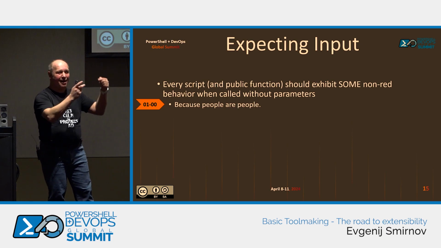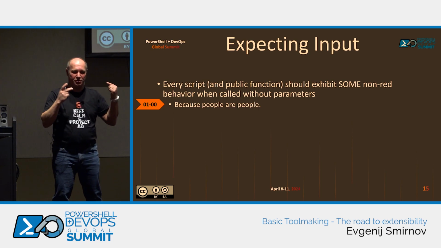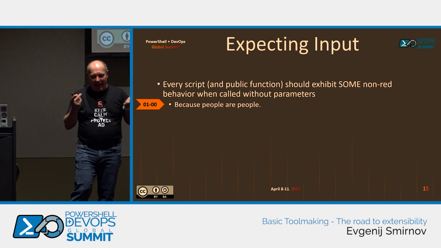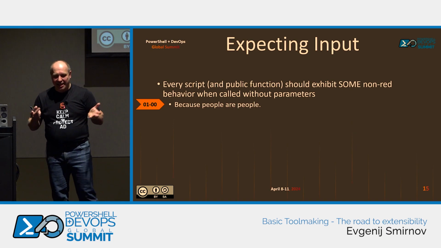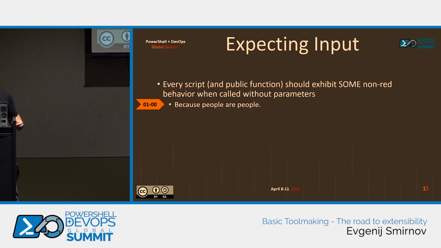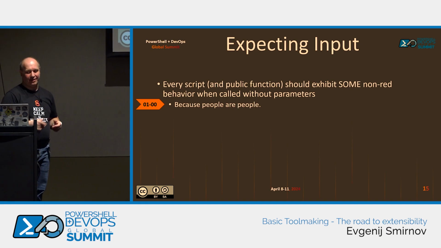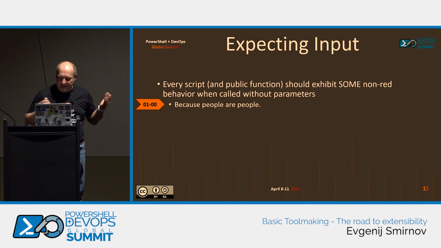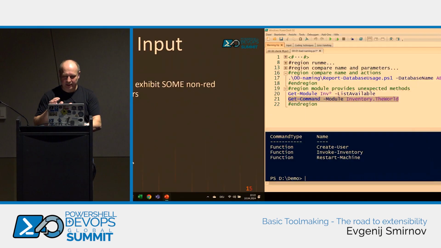And a hint how the script can or should be run. It's an absolutely legitimate part of this output. Because people will run that without parameter because they do not read the manual.